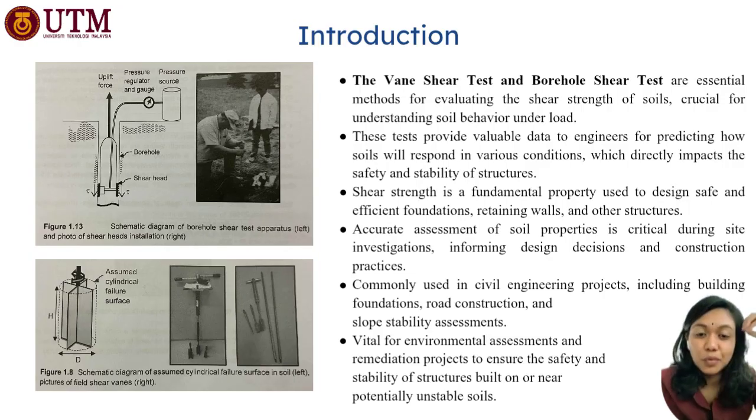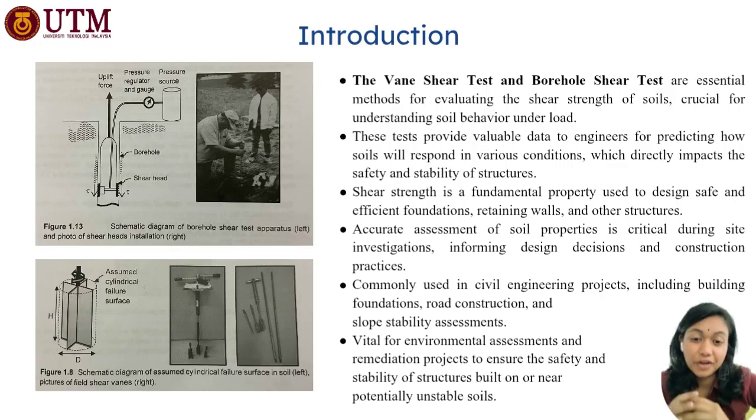So these are the most important points I gave you just now. It is very important to identify the soil strength, which helps engineering design to be safe and stable in structures.